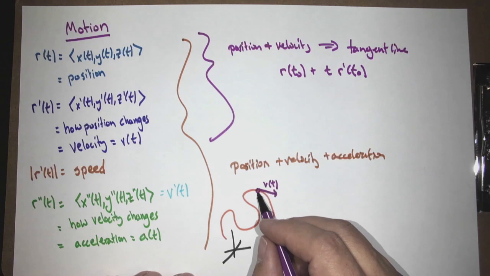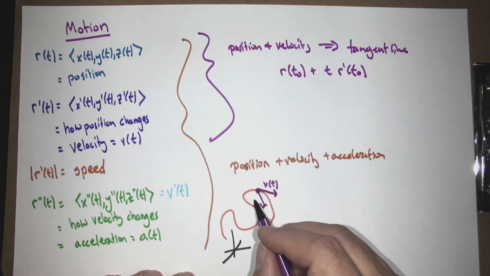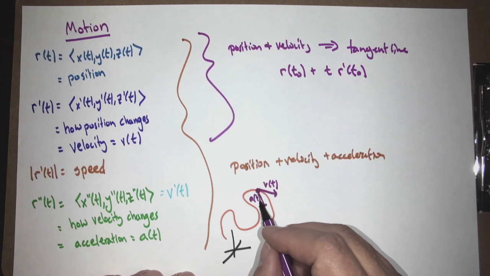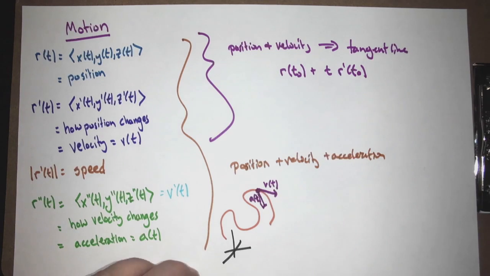Now, it's not so clear exactly where acceleration might be. It might be in the direction of motion, might be off to the side, might even be exactly opposite, but it's in some direction. So we start thinking, okay, what kind of object can we use that can encapsulate a point and two directions? Is there an object that we can use for that?